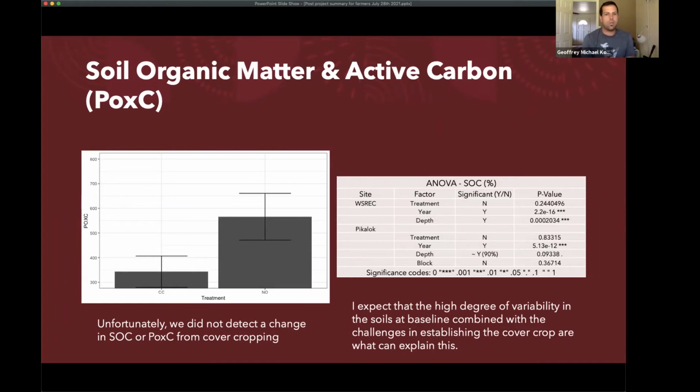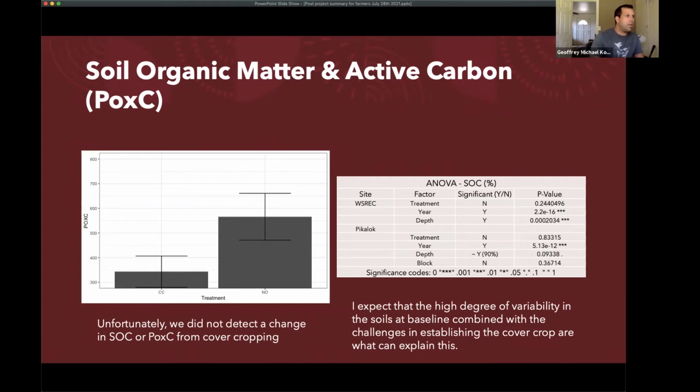Permanganate oxidizable carbon data is notoriously variable, and it's especially variable in our soils. In California, we have these alluvial soils that were deposited, so texture changes are expected. Carbon concentration is highly variable, and it's legitimately tough to see these treatment effects, especially in the short course of a project, especially considering we had difficulty establishing a cover crop over all 3 years.